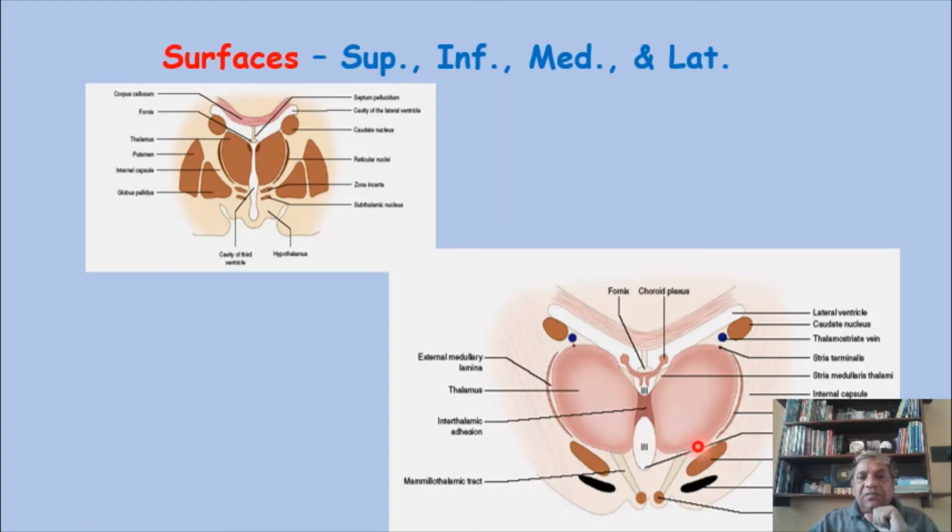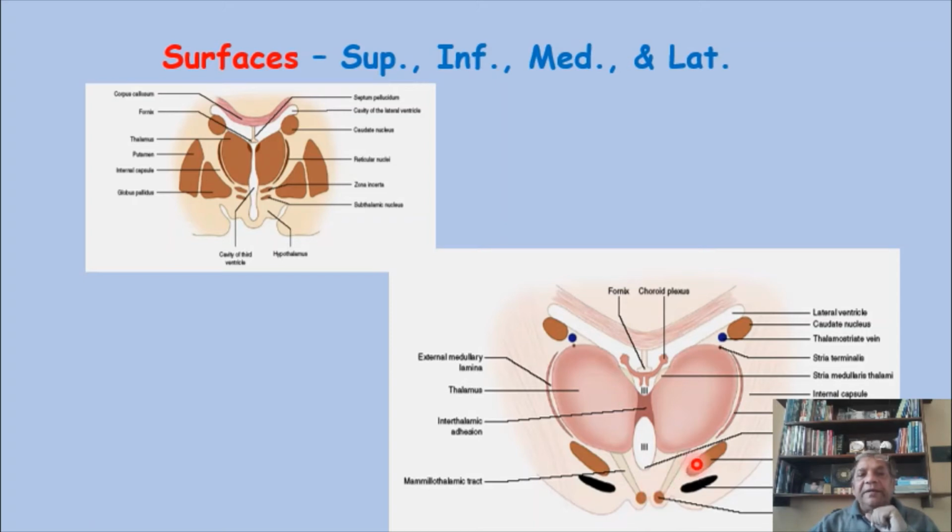Let us see the inferior surface. This is the inferior surface of the thalamus, which more medially is in relation to the hypothalamus. This is the location in the third ventricle where my cursor is. This must be the hypothalamic sulcus, and beyond this is the hypothalamus.